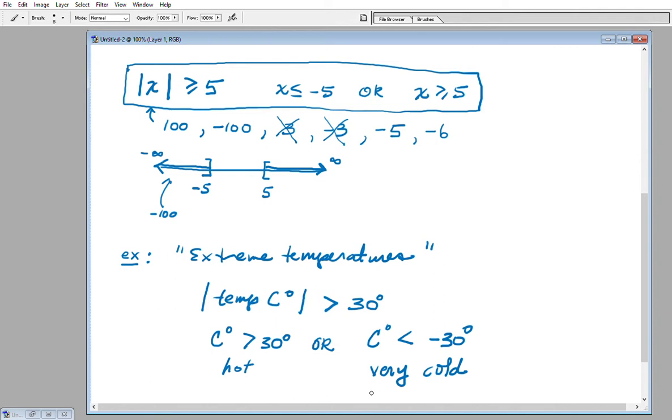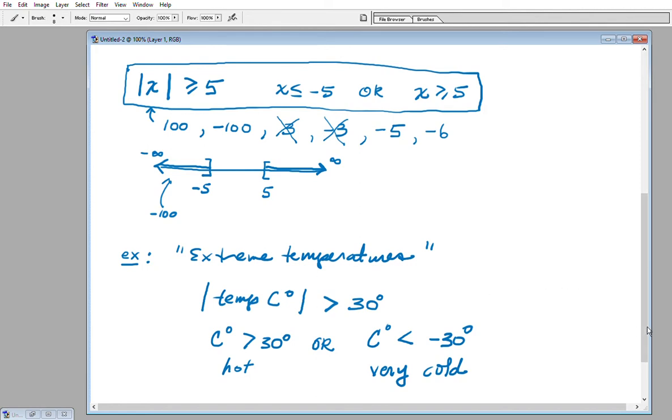So this is how you could express an extreme temperature. If the absolute value of the temperature, we're talking about Celsius, it works better with Celsius, is greater than 30 degrees, we have extreme hot on the right, or extreme cold on the left of the number line. You understand this example? So that's one practical example using this absolute value notation.